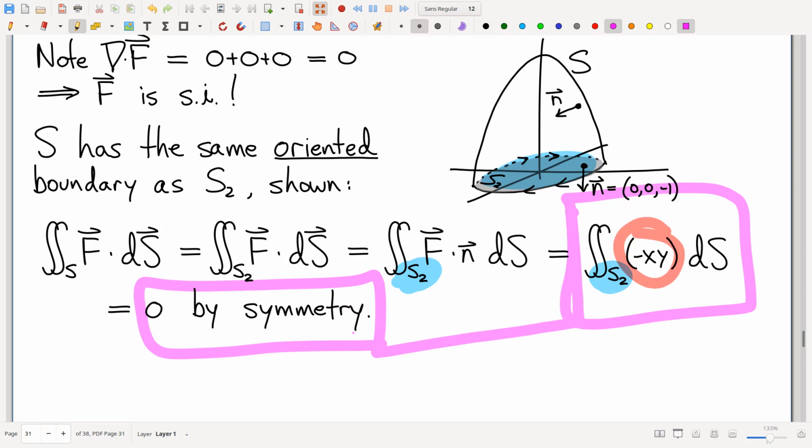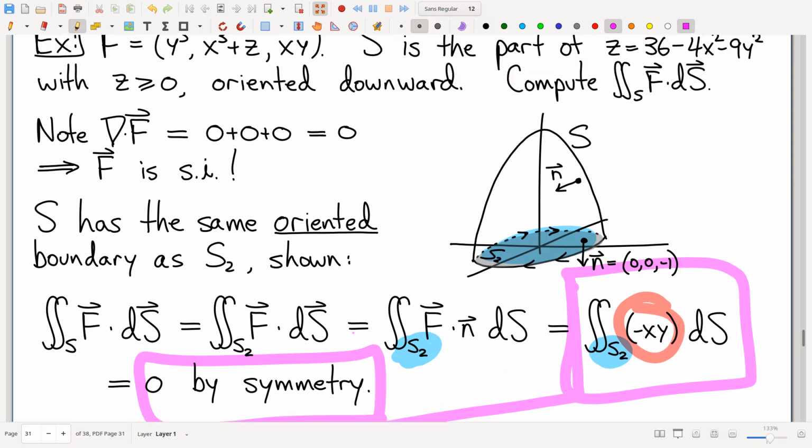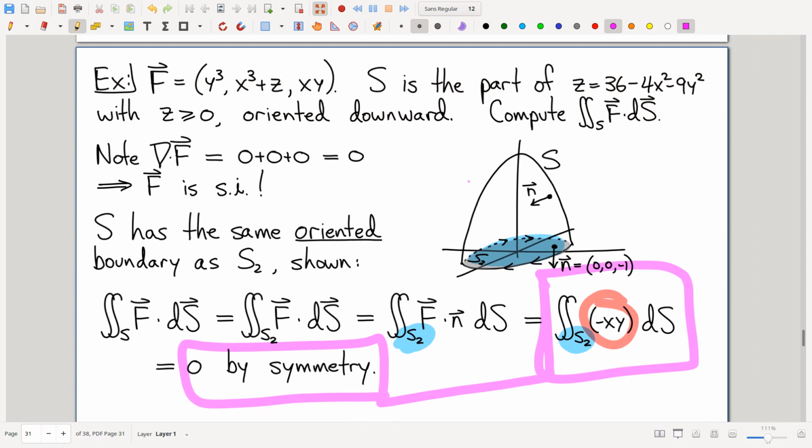So aside from orientation, we're done with this example. And notice how much easier this was than what it would have been had we done this the old-fashioned way, right? If we had parametrized and plowed forward, we would have been computing lots and lots of tedious computational stuff. Look how little computation there is here. I had to compute divergence, which was trivial, right?